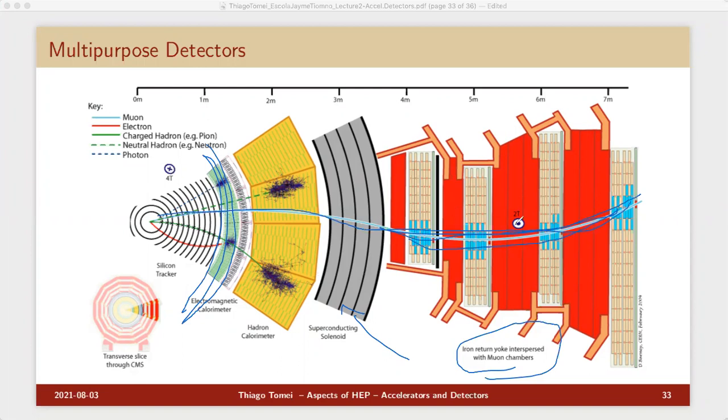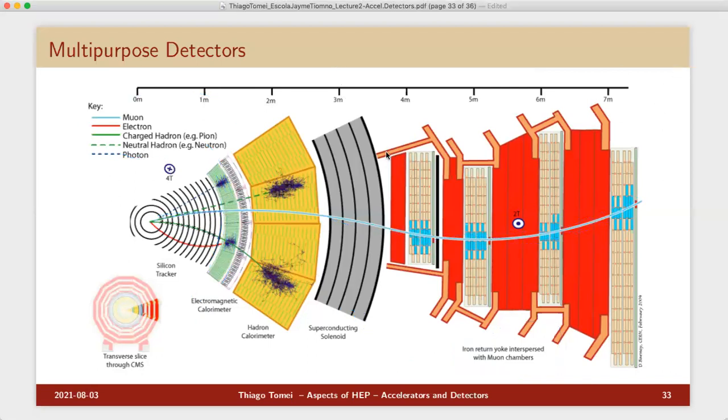Because of the return field of the solenoid, the muons here go in the other direction. With this, you measure all the particles. You measure their energy, you measure their momentum, you know their charge. You should now know what's happening in the collision.